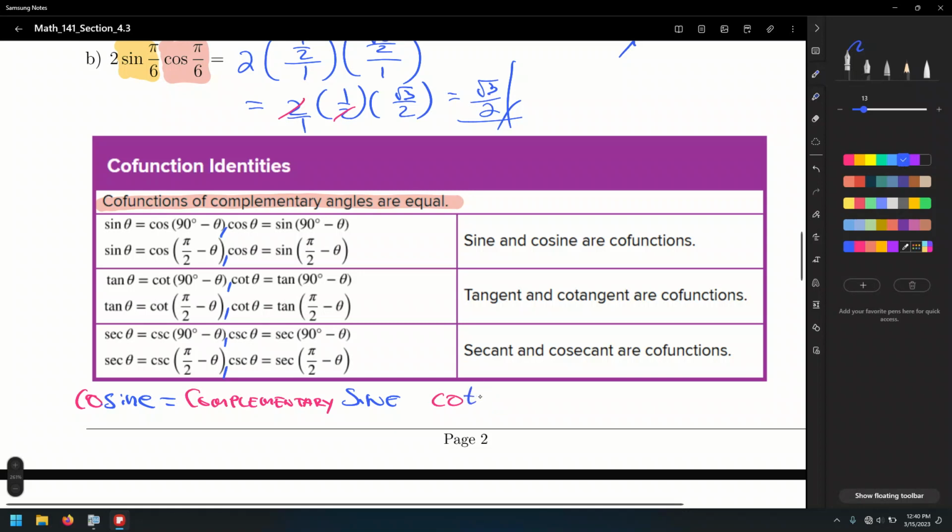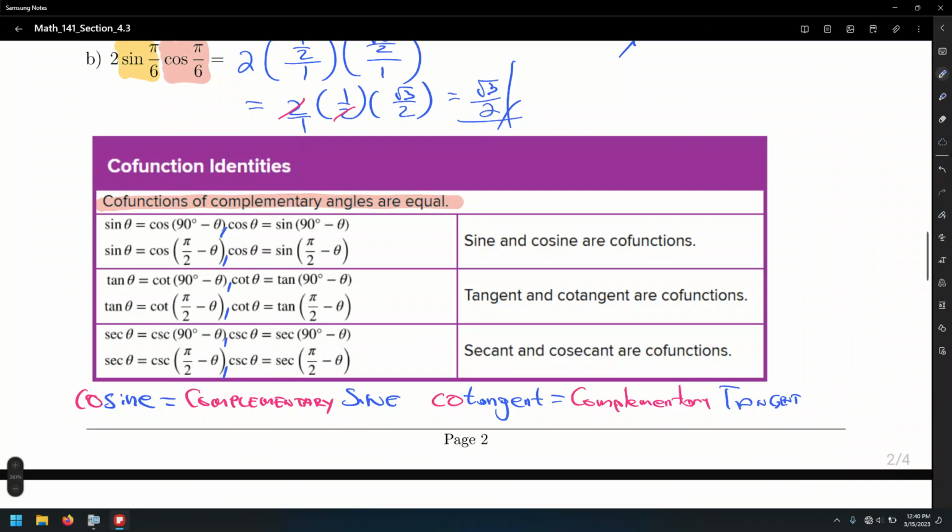Cotangent equals complementary tangent. And likewise, cosecant is the complementary secant. That's what the co-functions are. That co-prefix means complementary, and that's because they are the same function when we shift them 90 degrees.